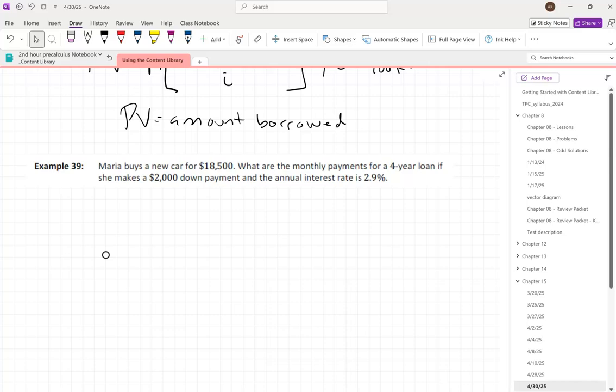All right. So since I see that this is a loan, I know we're going to be doing the loan annuity.